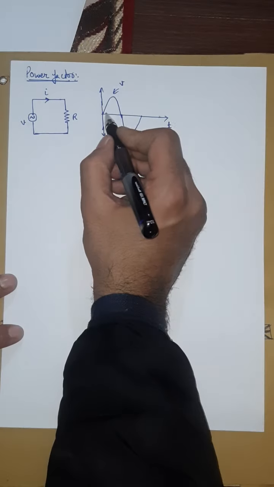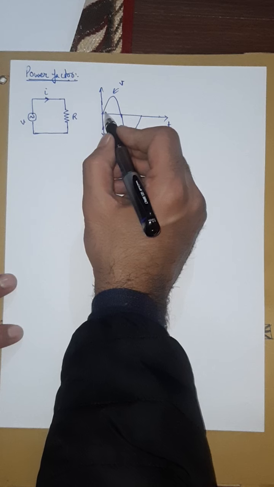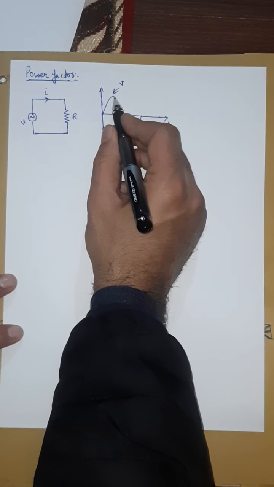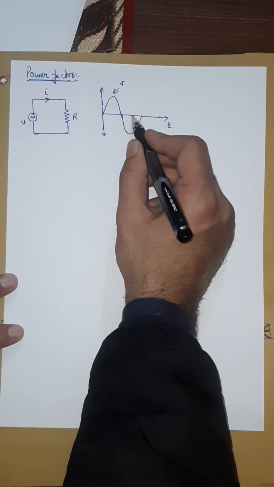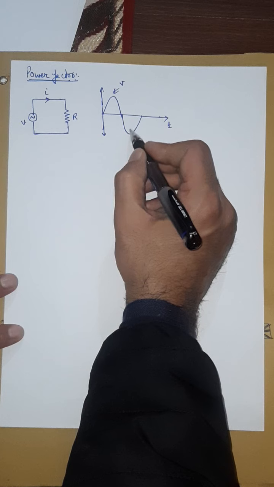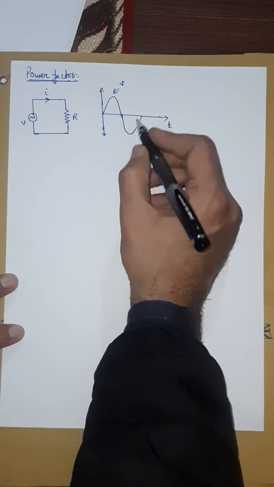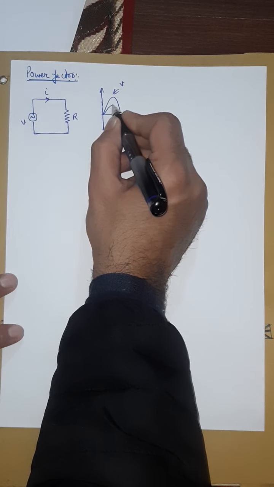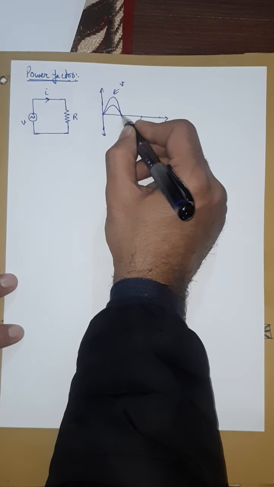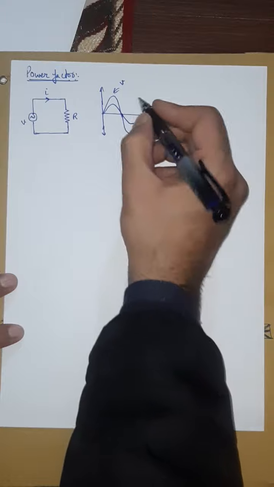When the voltage is 0, current will be 0. When the voltage is at positive maxima, the current will be at its positive maxima, and when the voltage is at its negative maxima, the current will again be at its negative maxima. So the current graph will go like this: 0, then maximum value, and so on.